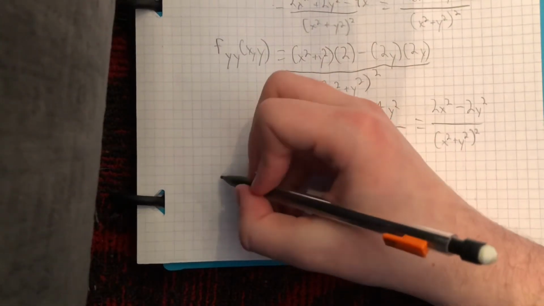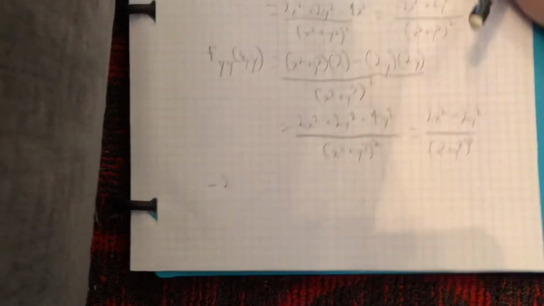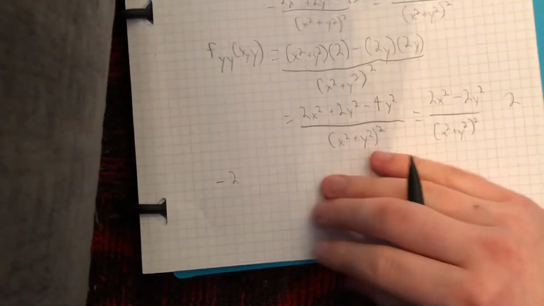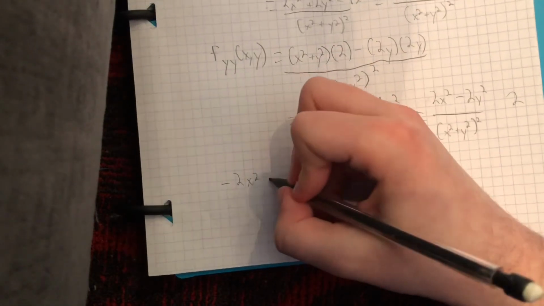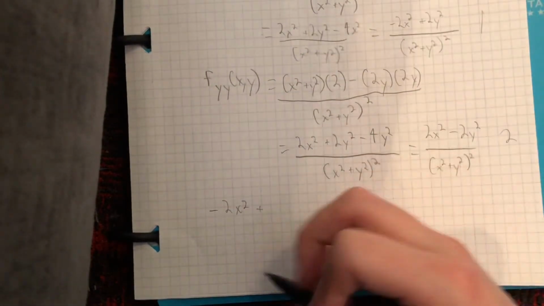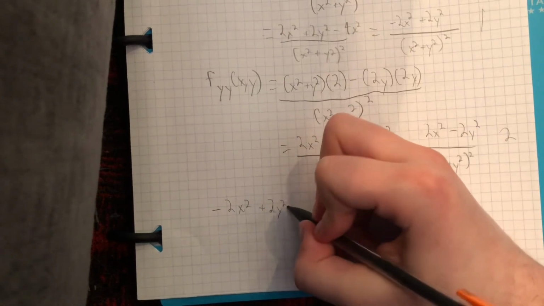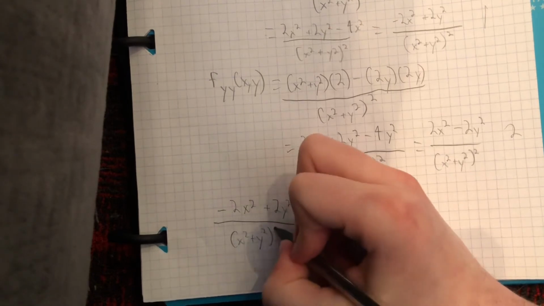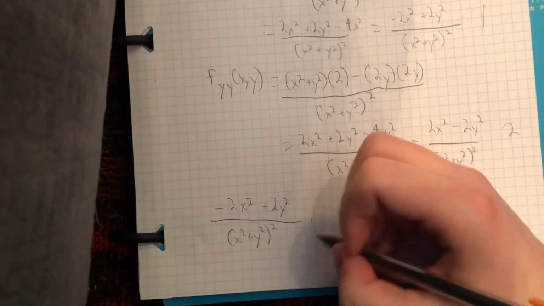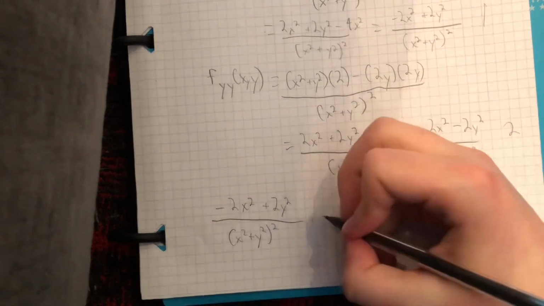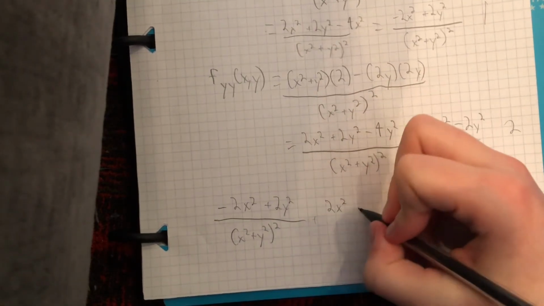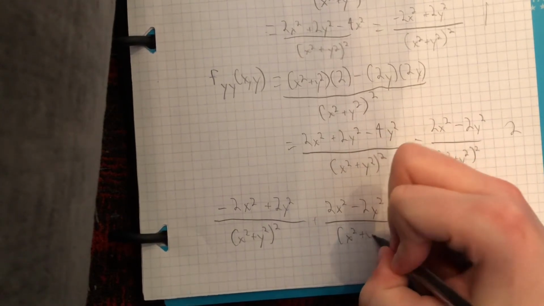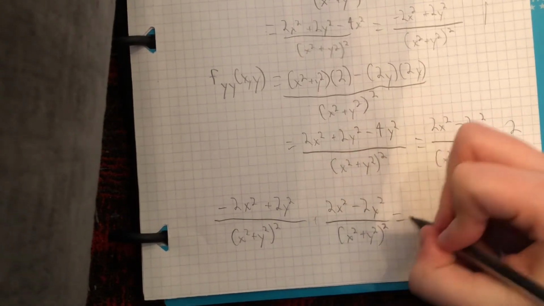So that is going to be, looking up here at our answers, negative 2x squared plus 2y squared over x squared plus y squared, squared, plus 2x squared minus 2y squared over x squared plus y squared, squared, equals 0.